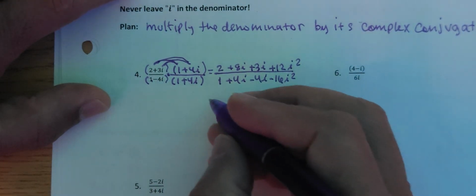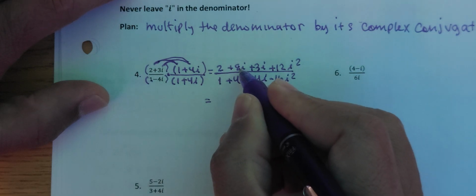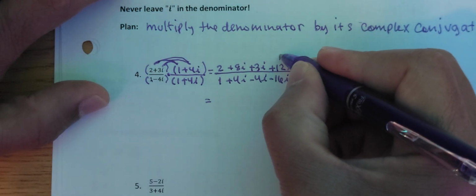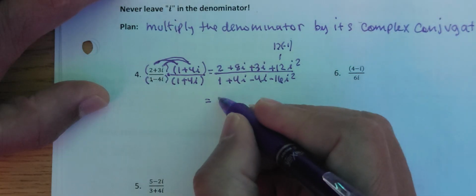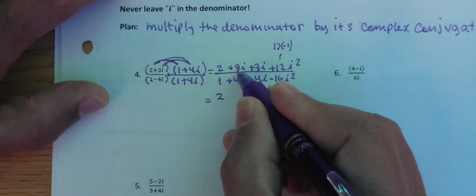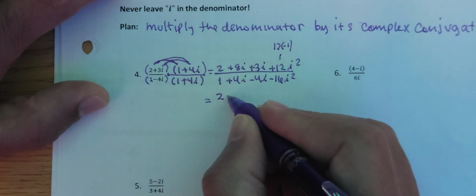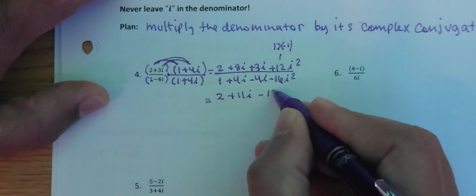So then we simplify by combining like terms. So we have 2, and 8i plus 3i combined is 11i. Let me just say this here: this part is 12 times negative 1, which becomes negative 12. So this is 2, 11i, and this 12i squared becomes negative 12.